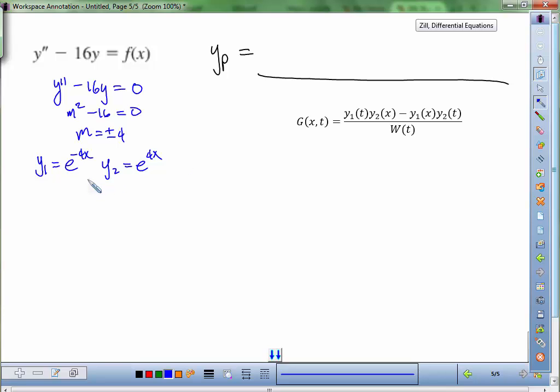So Green's function is y1 of t, y2 of x. Oh, let's figure out the Wronskian first. So W is the determinant with e to the negative 4t, e to the positive 4t in the top row, and negative 4 e to the negative 4t, and positive 4 e to the positive 4t in the bottom row.